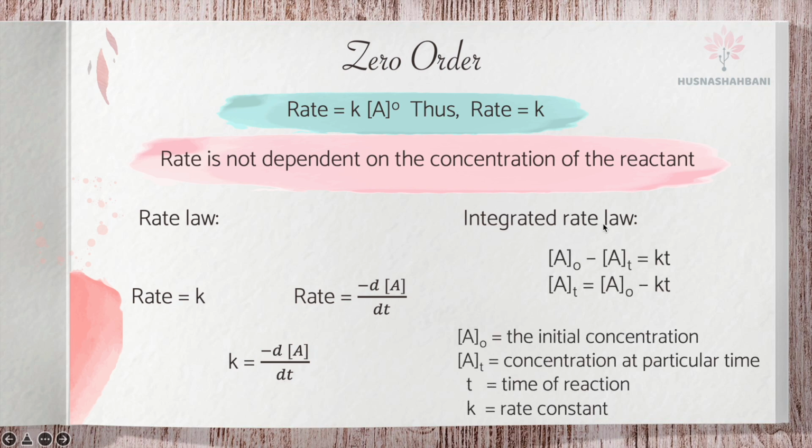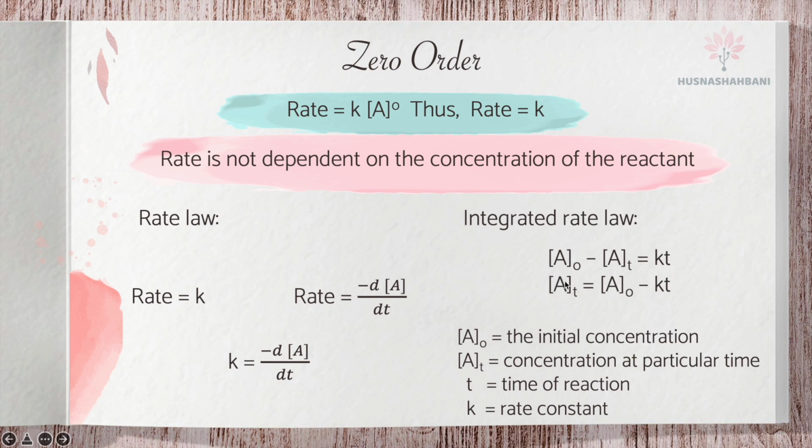For the integrated rate law, integrate the rate law: the initial concentration of reactant A minus the concentration of reactant A at a particular time equals kt. You can rearrange this equation.